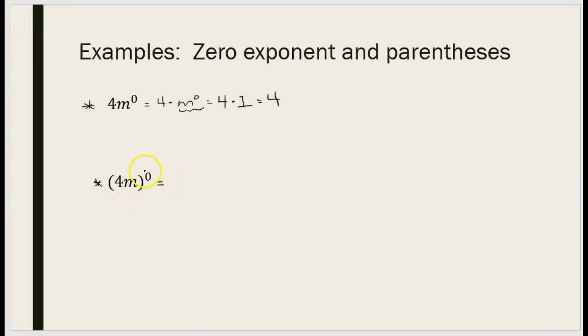So the 0 exponent applies to the 4, and it applies to the m. That's the difference in having parentheses or not having parentheses. In the world of math, there's not a whole lot of wiggle room to write things differently. Using these parentheses or not using them means something very, very different, so we have to make sure we're using the symbols properly.